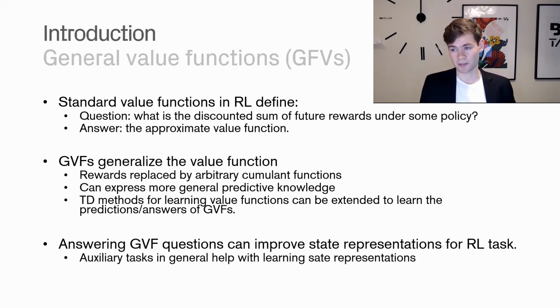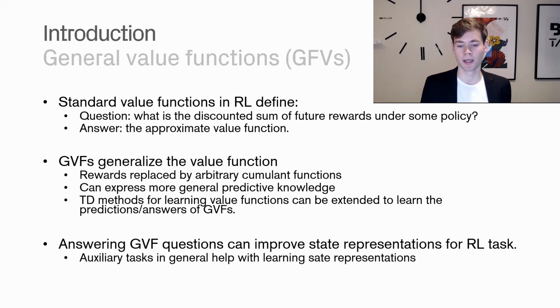In order to specify these auxiliary tasks in an automated way, what they make use of in this paper is something called generalized value functions, or general value functions. These GVFs are a generalization of the standard value function concept. In this framework, you replace the standard value function with an arbitrary cumulant function.